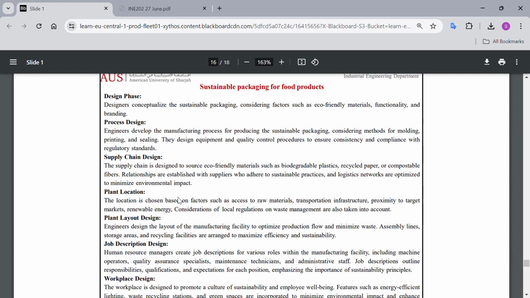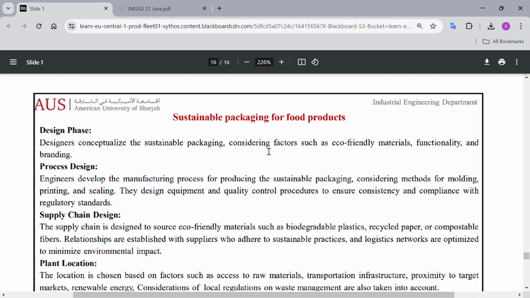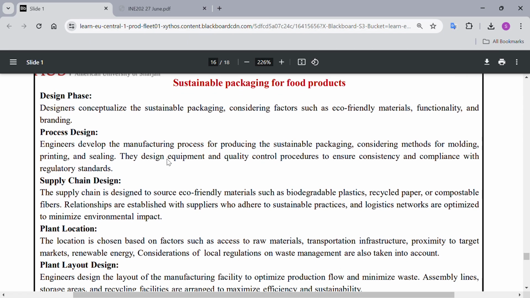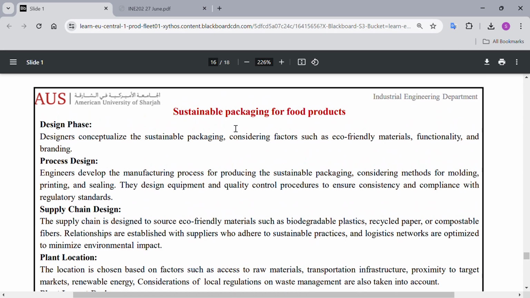And then, okay, this is okay. So this is regarding sustainability packaging for food products. So if we are going to go specific and talk about sustainability, we can start, as an example, how are we going to design a packaging for food products, sustainable packaging for food products.